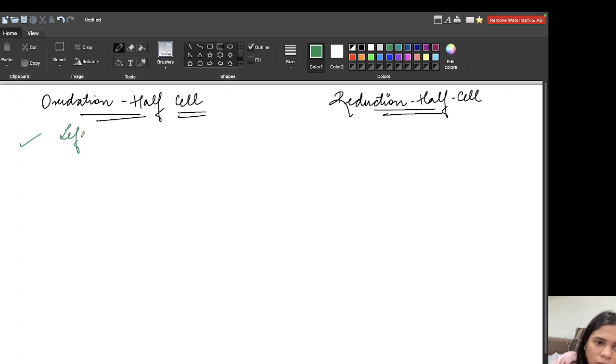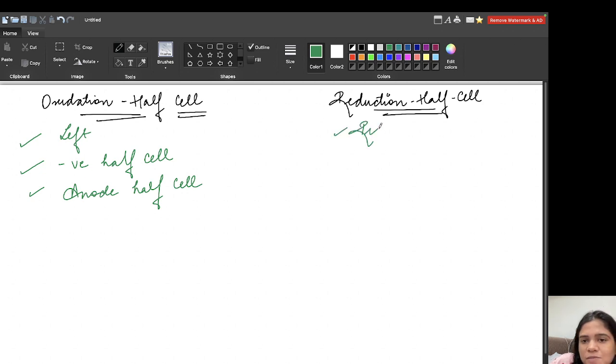The oxidation half cell on the left hand side is also called the negative half cell, and it is also called the anode half cell. Whereas the reduction half cell is always present on the right hand side. It is called the positive half cell, and this is your cathode half cell.